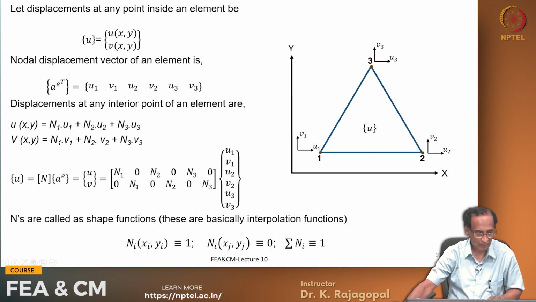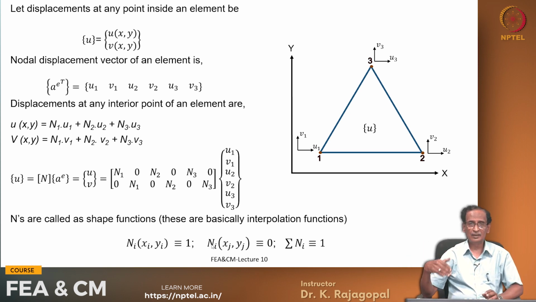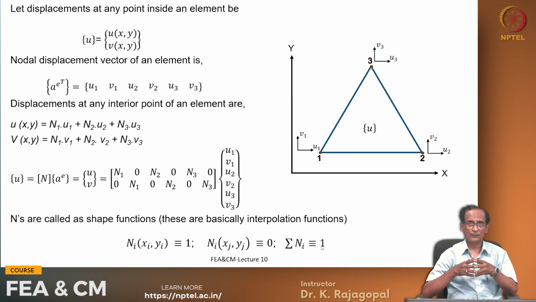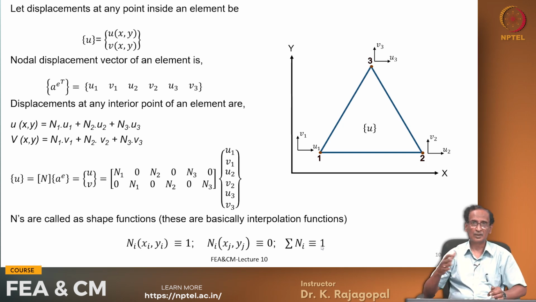Okay. And the property of these shape functions: at their own nodes the shape function value is 1, and at other nodes these are 0, and the sum total of all the shape functions is exactly equal to 1. These are similar to our influence functions that we come across in our structural analysis.